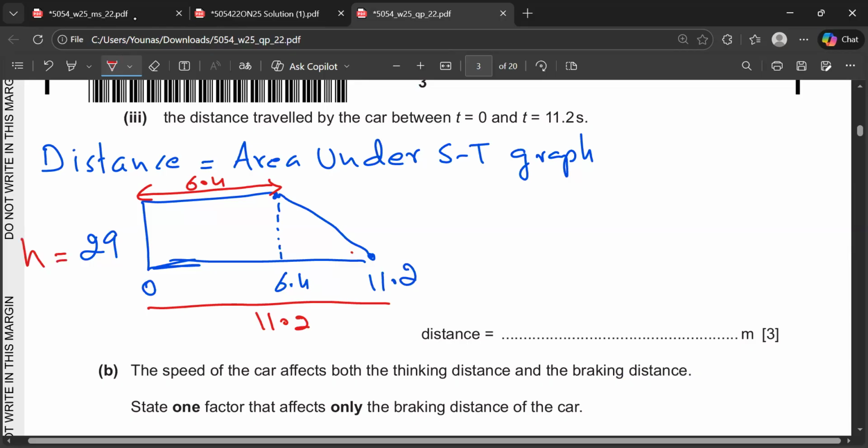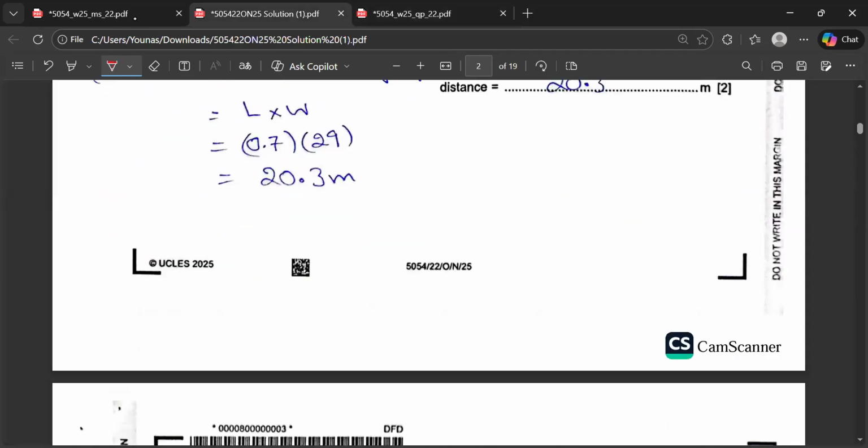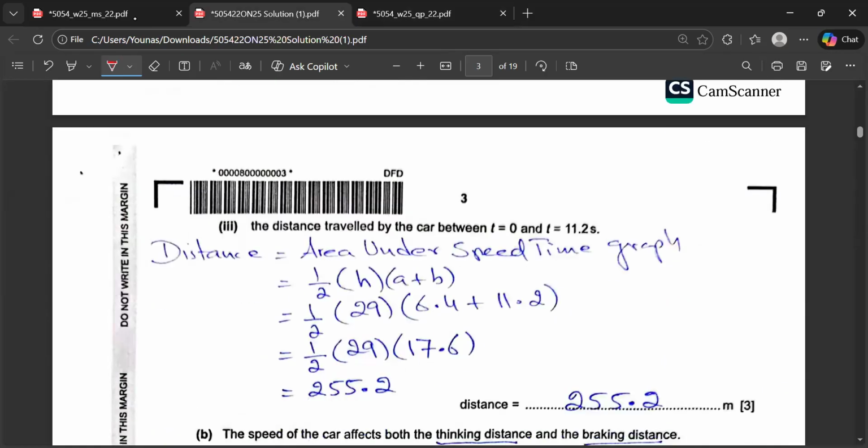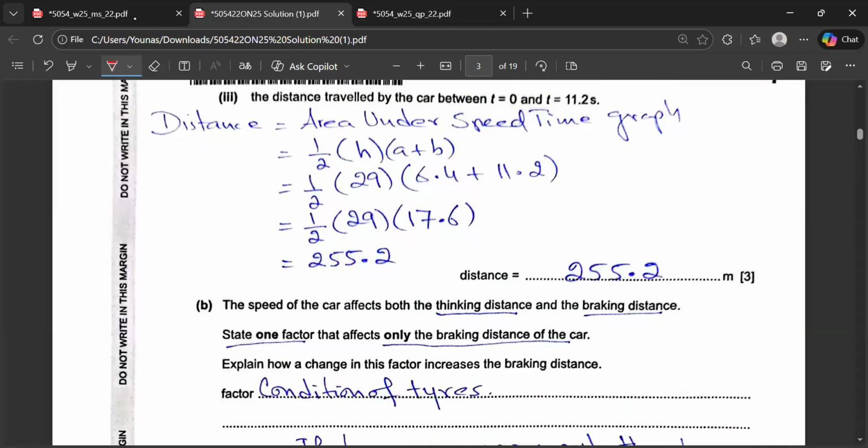So you can apply the formula for the area of the trapezium. The distance is equal to the area under the speed time graph, and you know that the formula for that trapezium, because that graph is in the shape of a trapezium, is 1 by 2 into the height into the sum of the parallel sides.